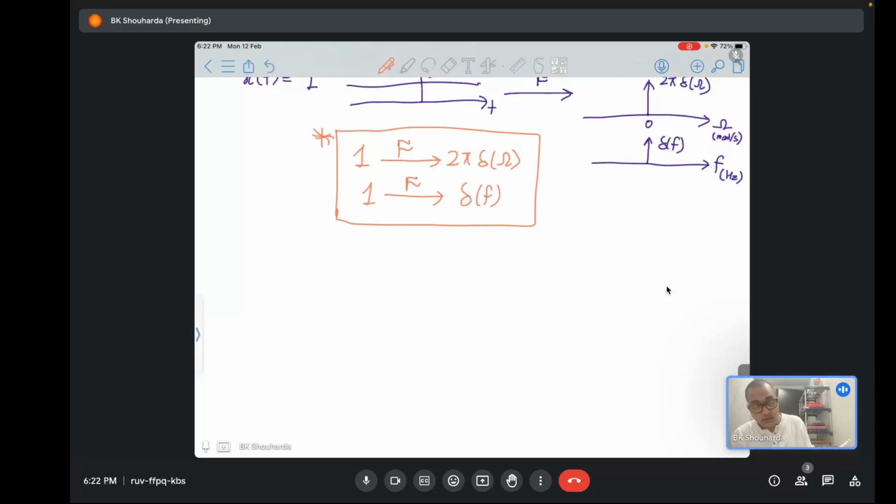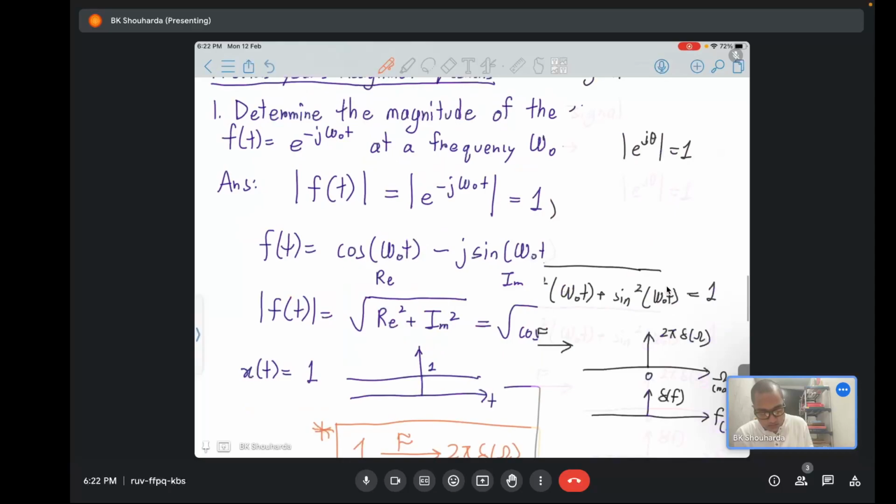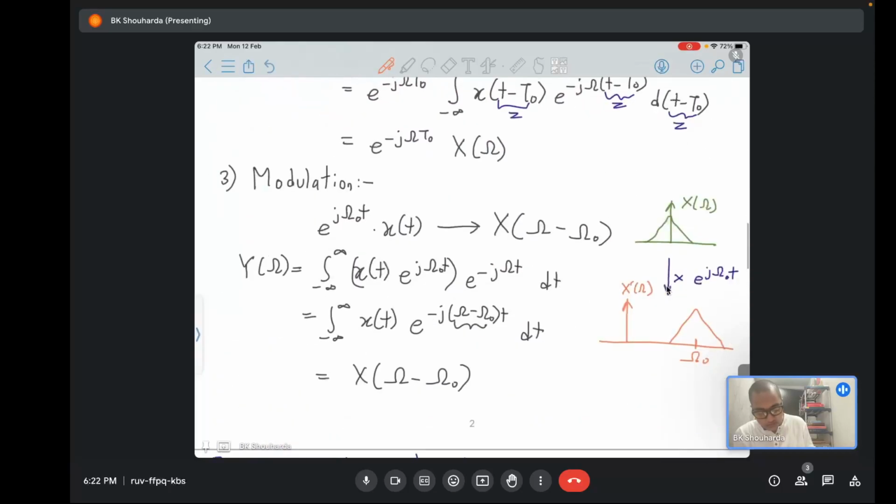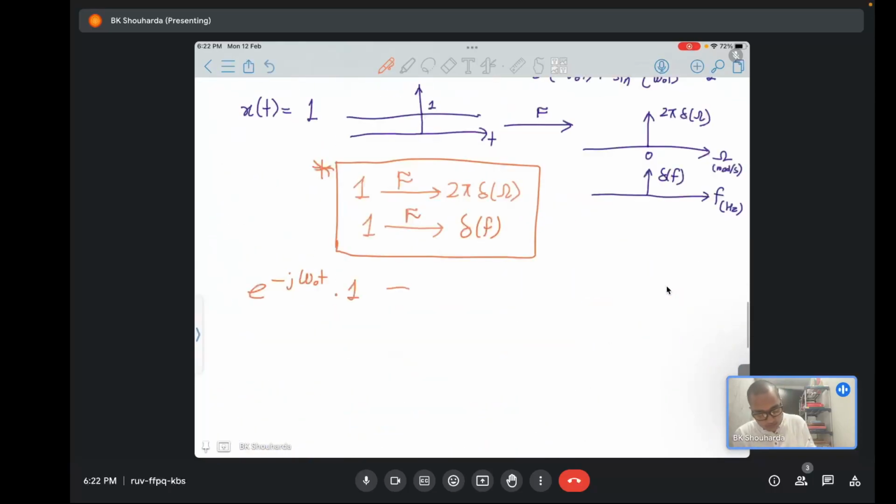And now what we are doing is the modulation: e to the power minus j omega naught t times 1. So what will happen? This is the modulation property. e to the power j omega naught t shifts the spectrum of X of omega. So what will this be? 2 pi delta omega plus omega naught, or it will be delta f plus omega naught upon 2 pi.